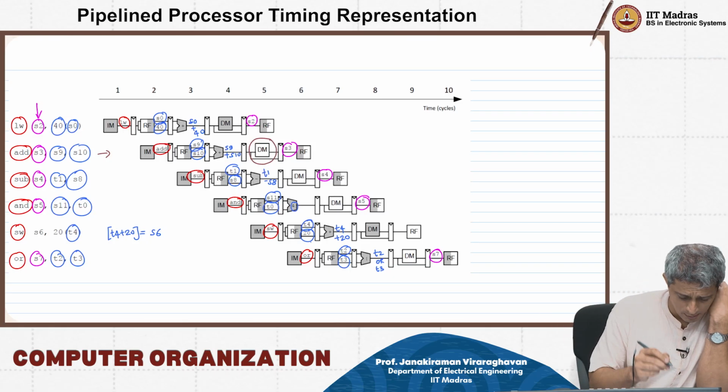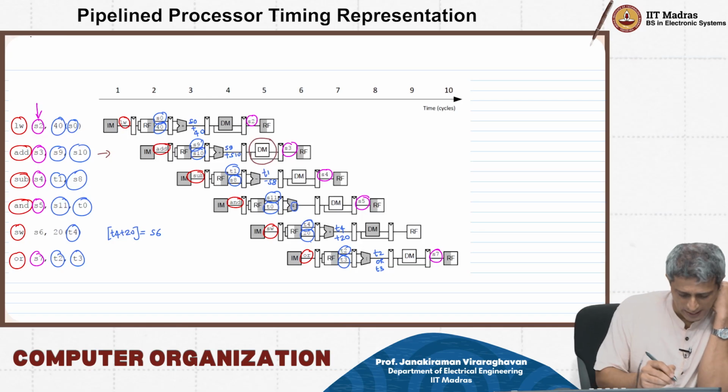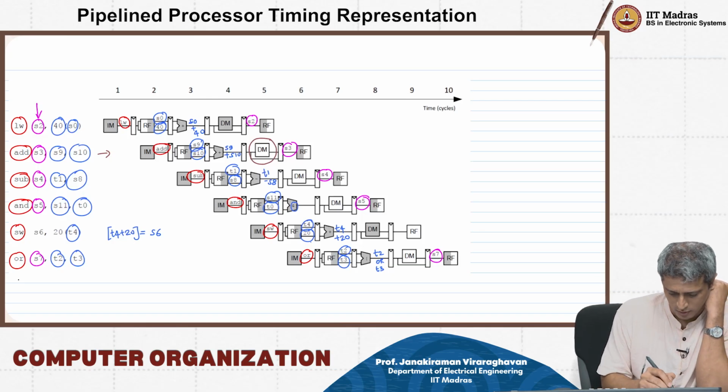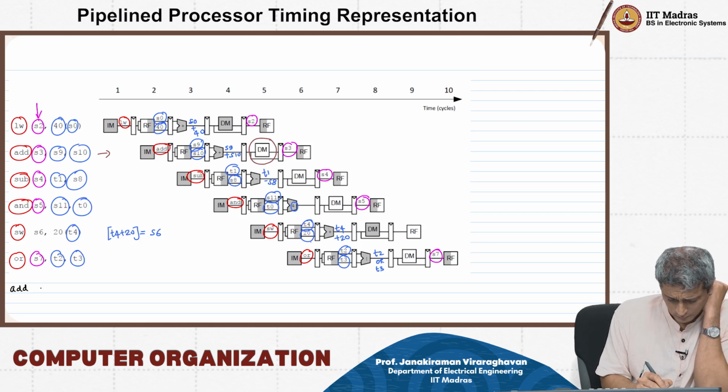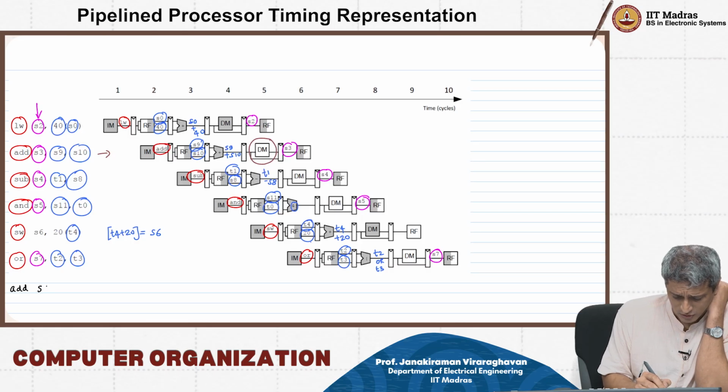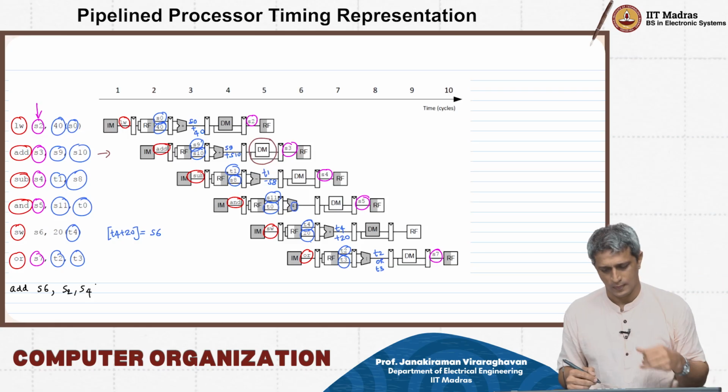So now for example, let us say that I add a 7th instruction here, okay, which is basically I will say add S6 comma S2 S4, okay.